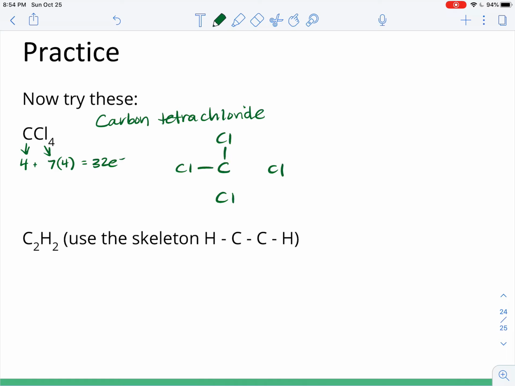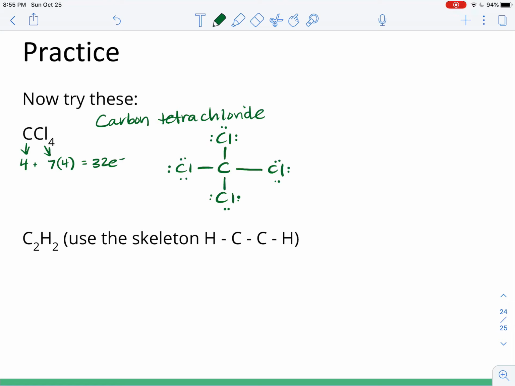So here's 1, 2, 3, 4, 5, 6, 7, 8, 9, 10, 11, 12, 13, 14, 15, 16, 17, 18, 19, 20, 21, 22, 23, 24, 25, 26, 27, 28, 29, 30, 31, 32.